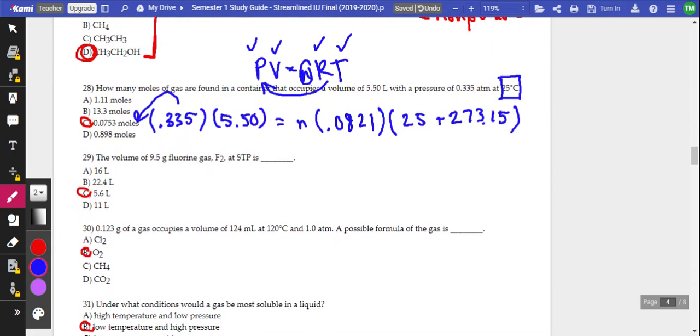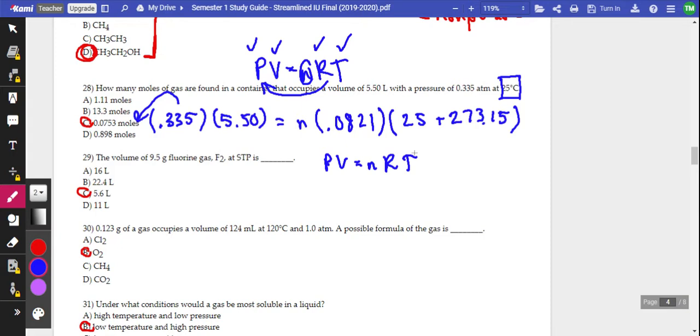The volume of 9.5 grams of fluorine gas, F2, at STP is what? Well, let's try looking at PivNert. PV equals nRT.